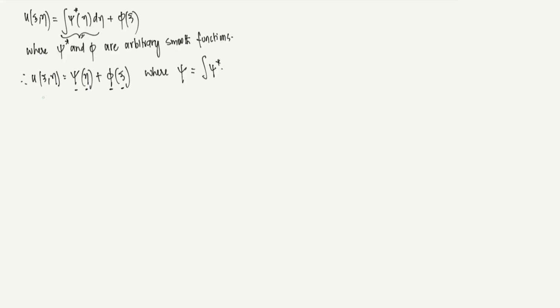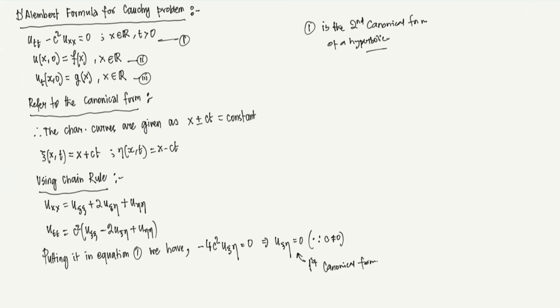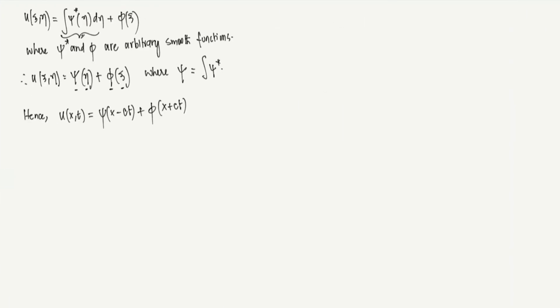And now if you change it to the x and t variables, hence u of x comma t should look like some arbitrary function phi of x minus ct plus another arbitrary function psi of x plus ct. I think I took xi to be x plus ct, right? Xi to be, yeah. So this is fine.